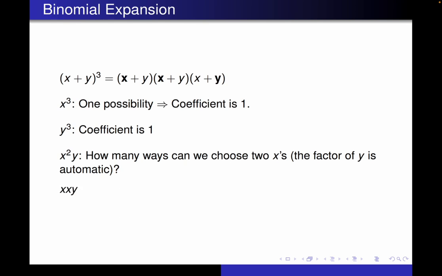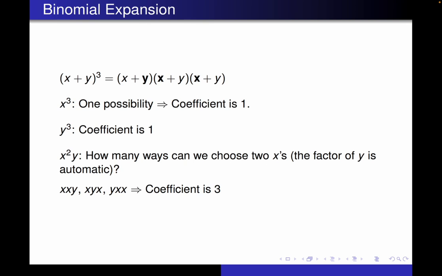So that's one way: x, x, y. If I choose the first and the third one for my x's, I have no choice but to have the second one for my y. So that gives me x, y, x. And there's one more way, because I can choose x's for the last 2, and then I'm forced to choose y for the first one. Those are the only 3 ways I can do it. That gives me a coefficient of 3. So I'm going to get 3x squared y.